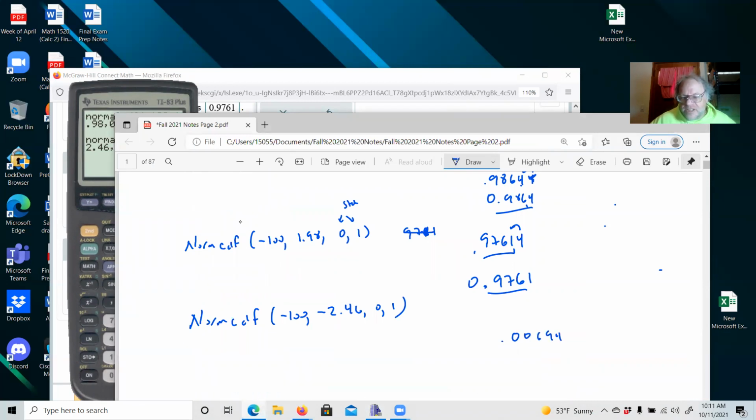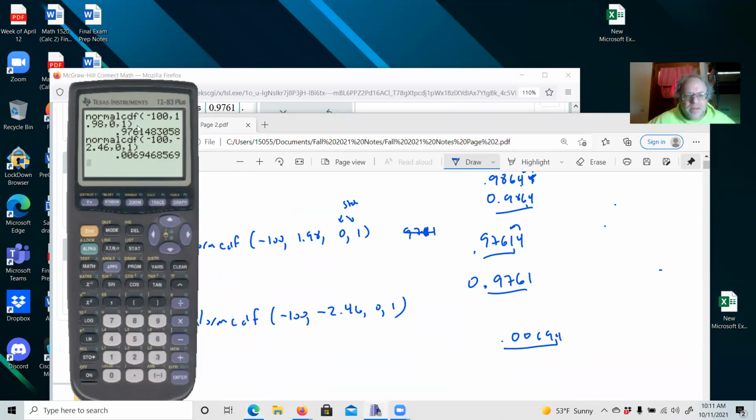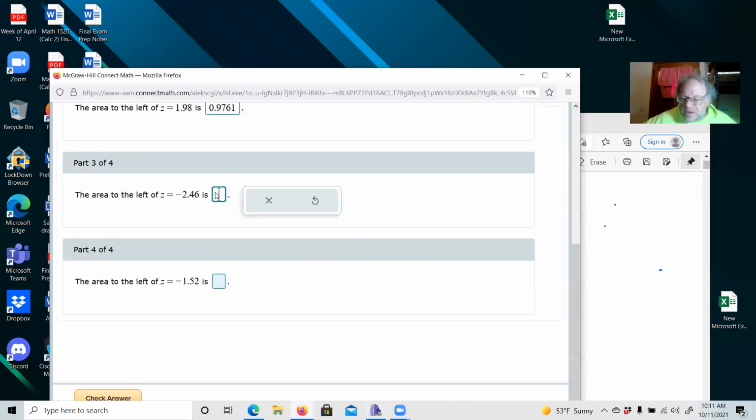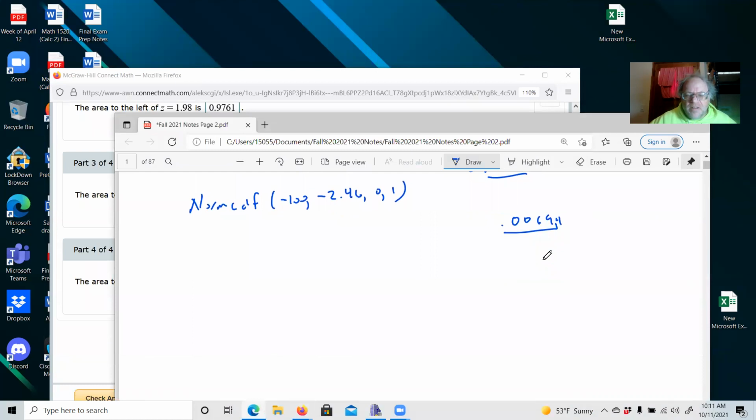So again, this is not going to contribute, so here we are, 0.0069. So I'll type this in. 0.0069. And then to the left of negative 1.52, right, negative 1.52.